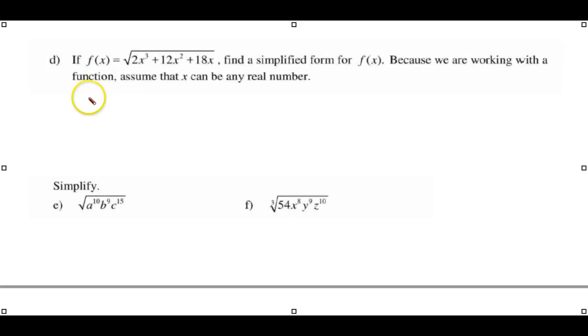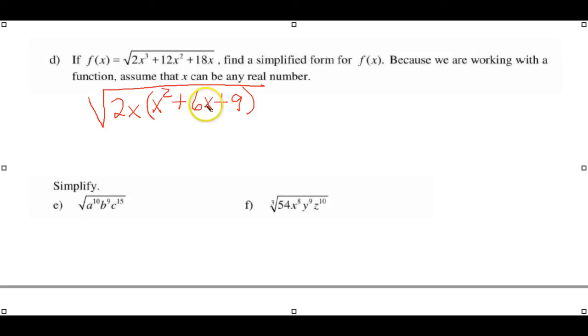So we're going to first factor out the greatest common factor in my radicand, which happens to be 2x. Then this becomes x squared plus 6x plus 9.